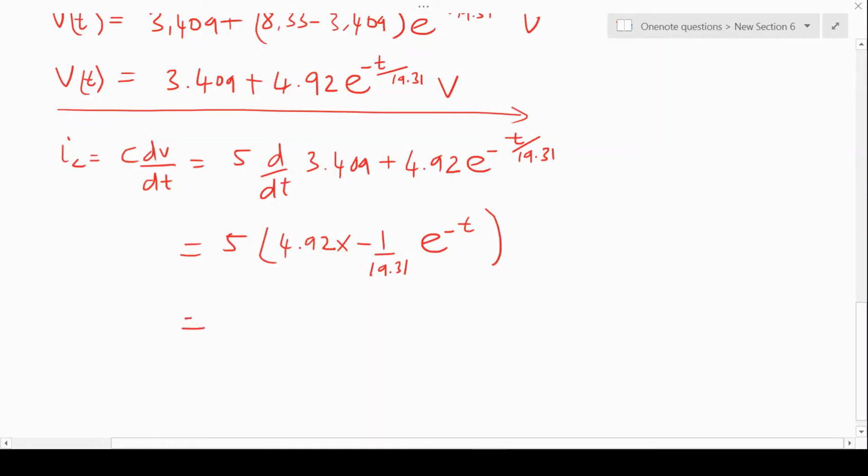And that's going to give us a final answer of minus 1.27 e to the negative t over 19.31, and that will be in amps. And this is the current as a function of time.